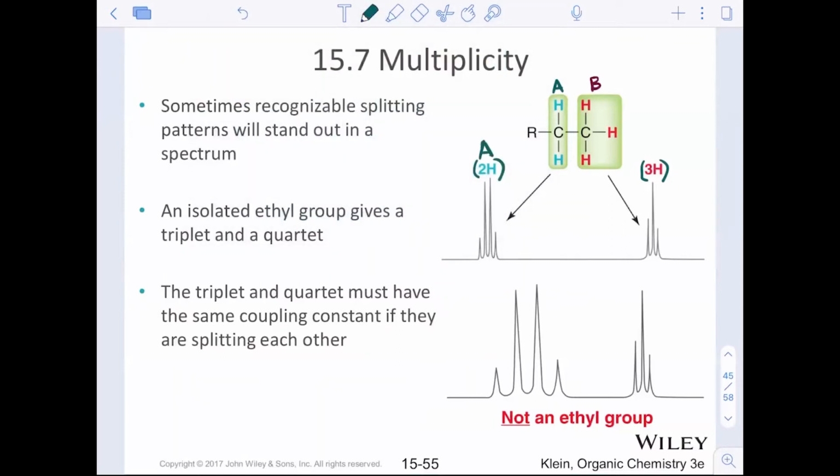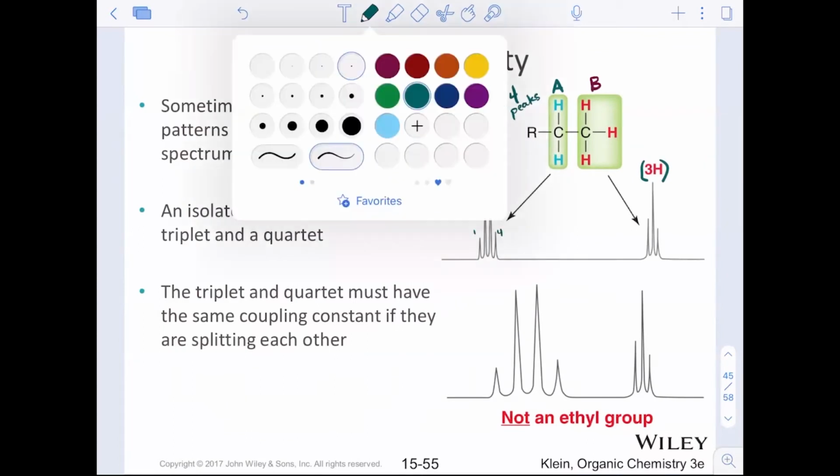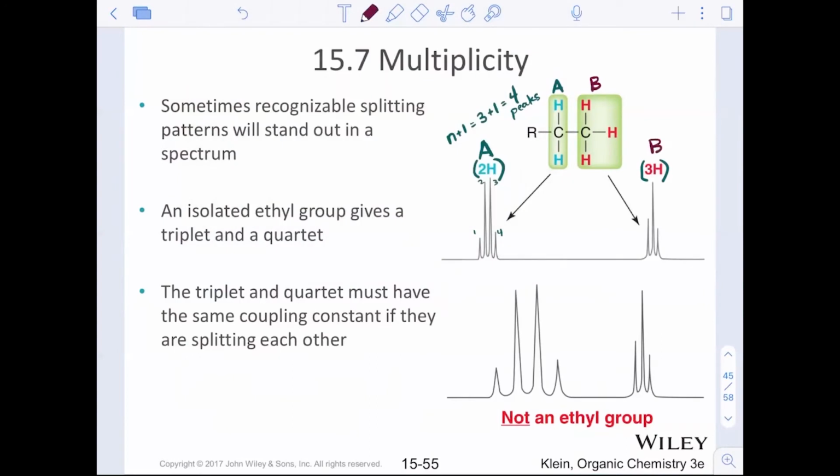The A signal has n+1, or 3 + 1 neighbors, which is 4 peaks. That's why we see 1, 2, 3, 4. For B over here, the 3 hydrogens, n+1, 2 neighbors, the blue guys.